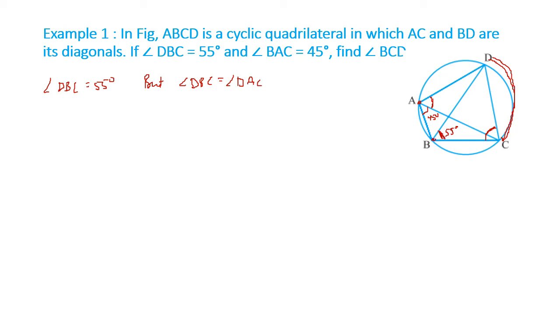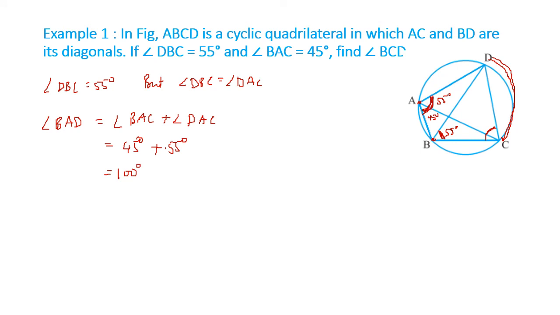So if this angle and this angle are equal, and this is 55, this has to be 55 also. So angle BAD equal to angle BAC plus angle DAC. BAC is 45, DAC is 55, so total becomes 100. So this angle is 100.